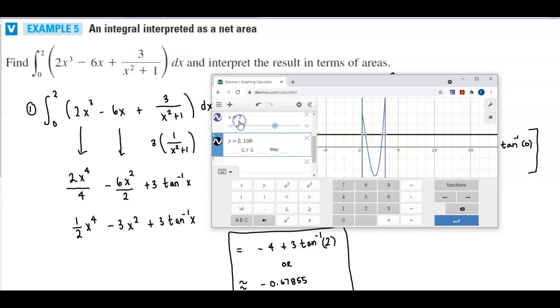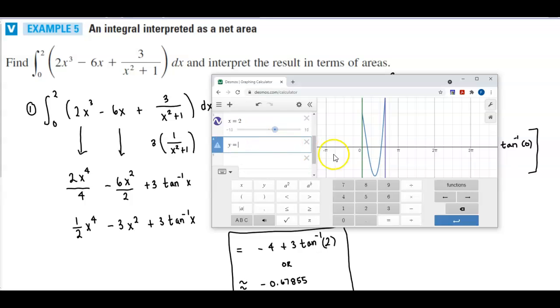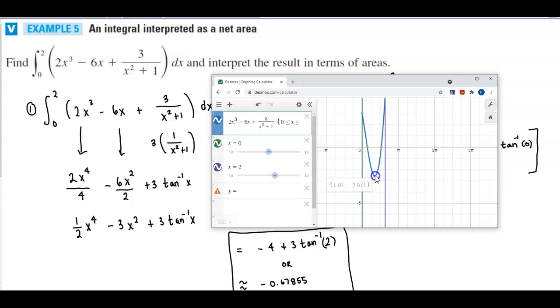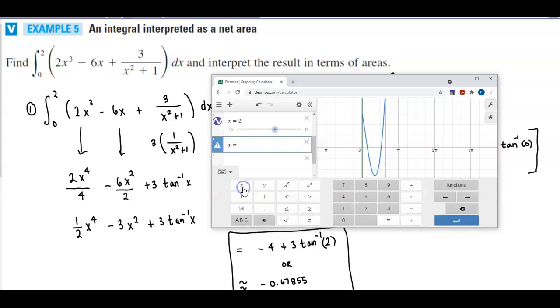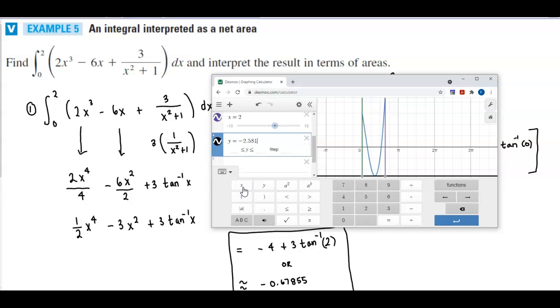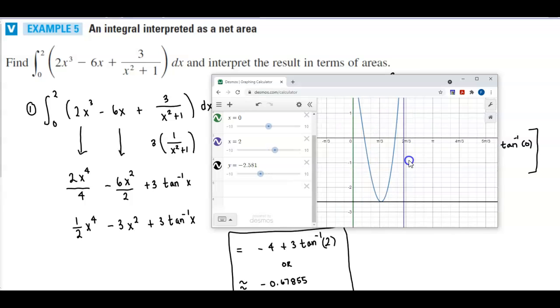I'm sorry, a negative. It should be a negative there. Negative 2.581. Okay, so here's what our graph would look like.